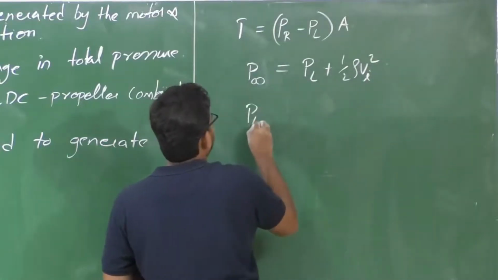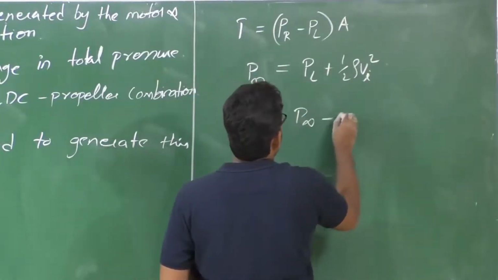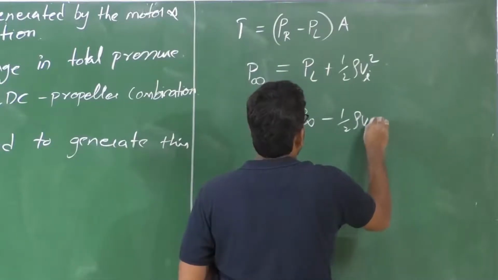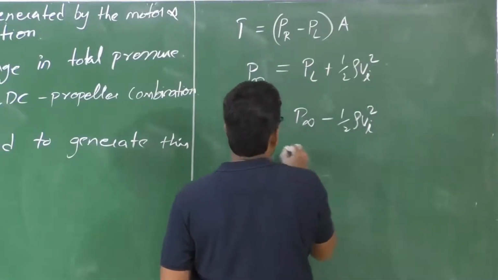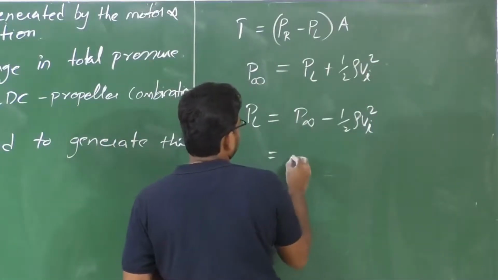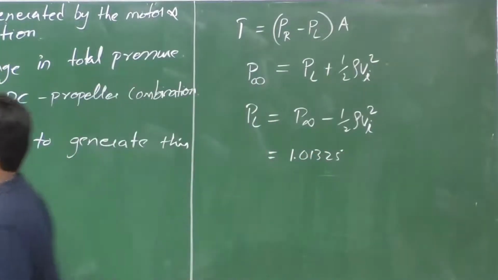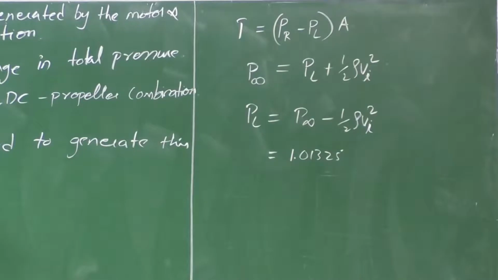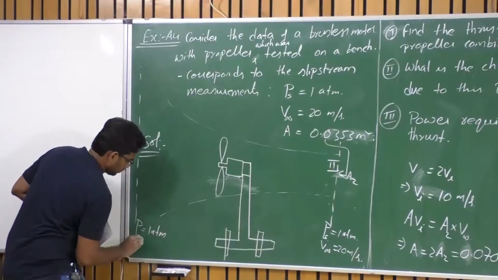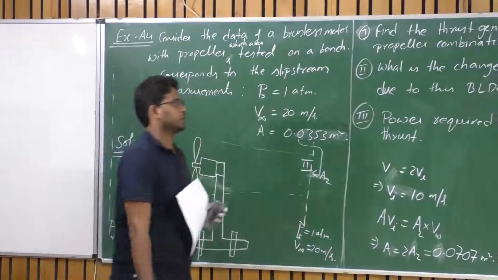So PL is equals to P infinity minus half rho V1 square. So what is the value here? So this is 1 atmosphere, which is 1.01325, because far ahead of this disk is again 1 atmosphere, and the velocity there is 0, right?